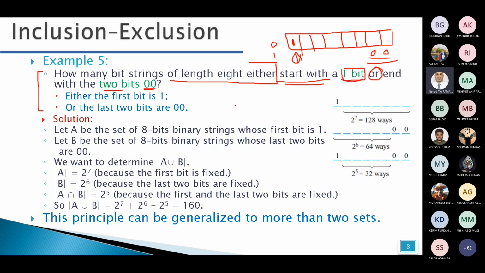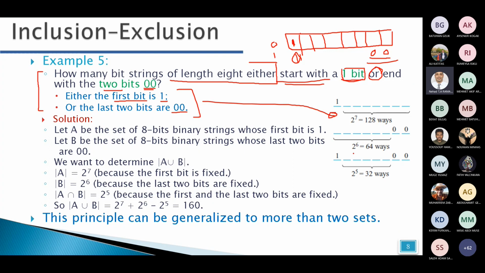Either or, okay? To answer this, we have to understand: either the first bit is 1 or the last bits are 0, 0. These are the possibilities.